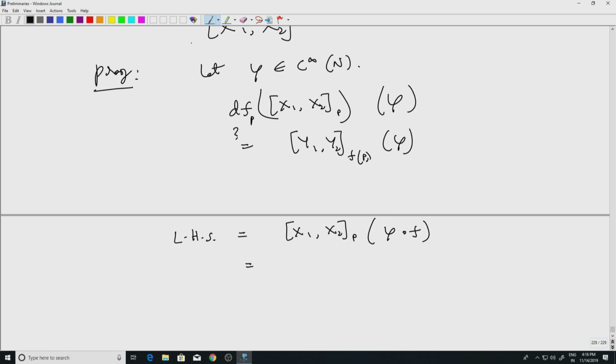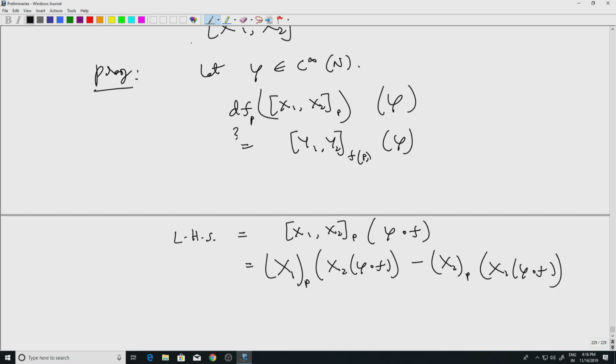Now I'll use the definition of the Lie bracket. It's somewhat inconvenient to retain this P, so this is x1 at P, x2 of phi composed with f, minus x2 at P, x1 of phi composed with f, and then these brackets.